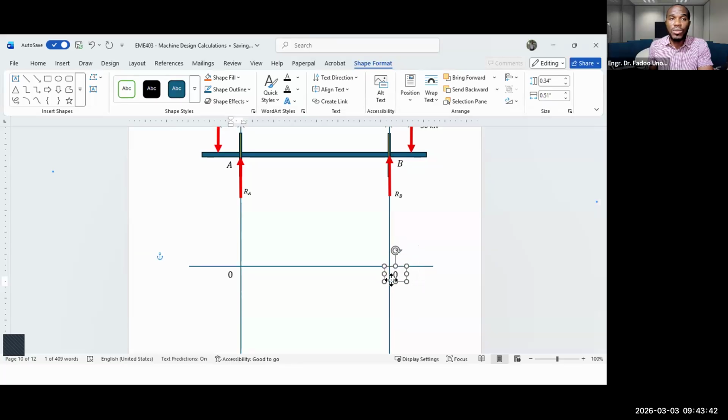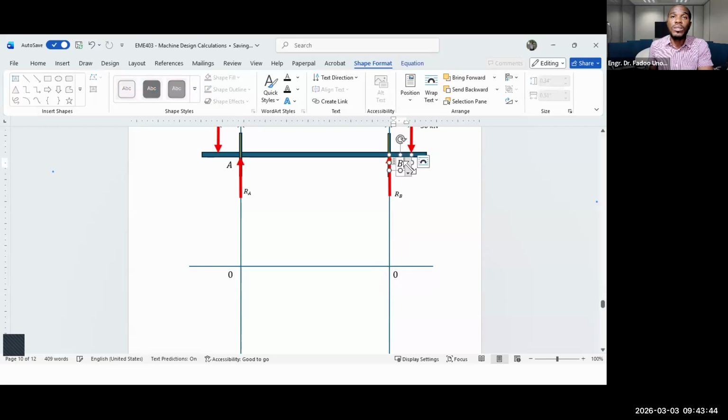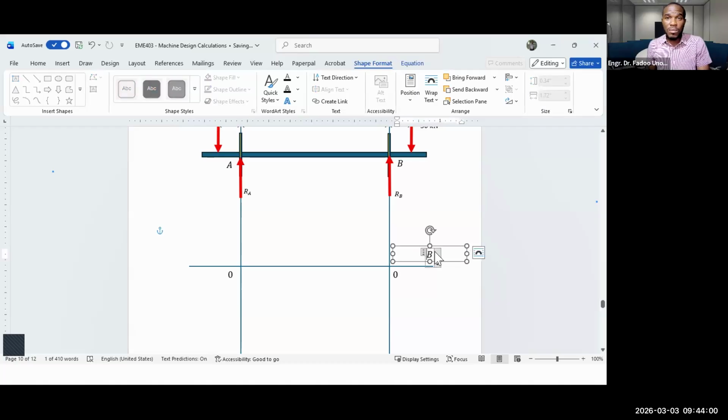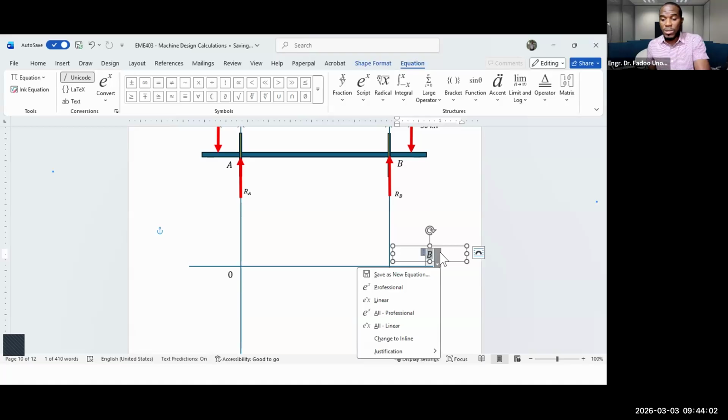Okay. So this, we'll call it bending moment. So this diagram that we're going to draw here is going to be actually downwards.